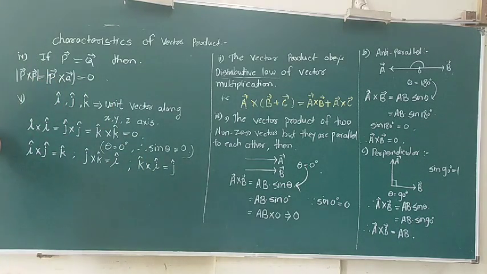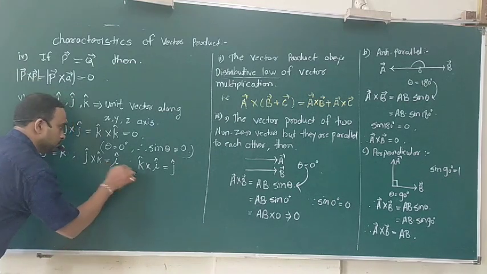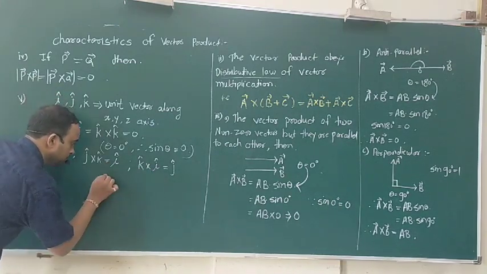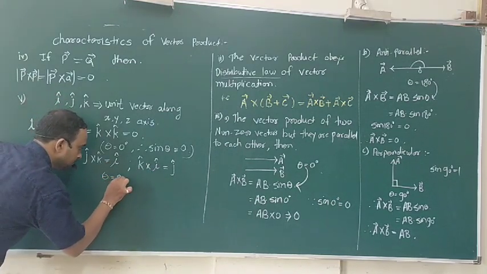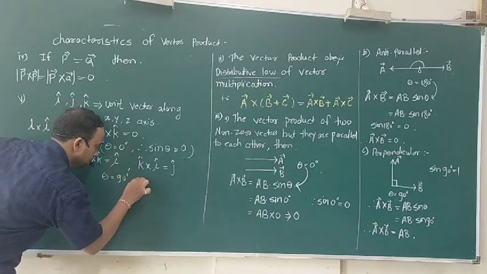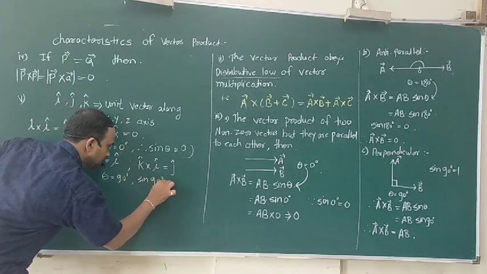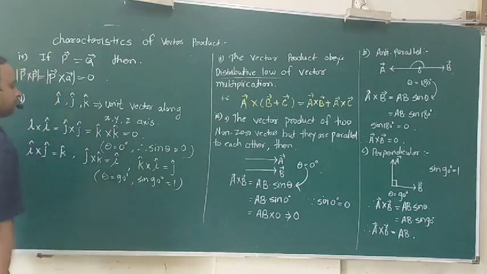Here, these two unit vectors are mutually perpendicular, that is theta is equal to 90 degrees. Therefore, sin 90 degrees is equal to 1.